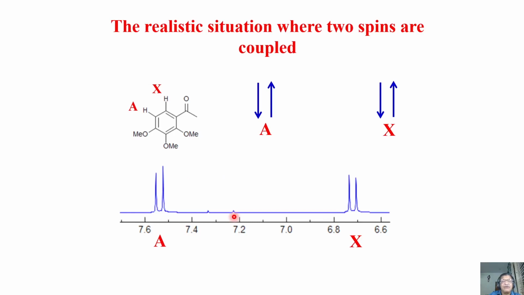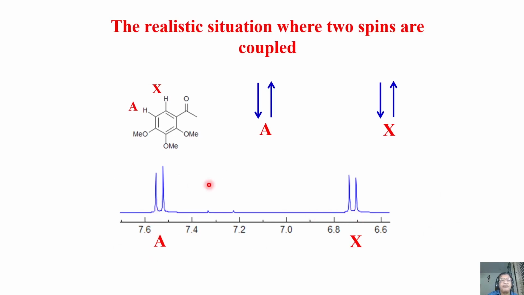And I was telling you about strong and weak coupling. I introduced the terms strong and weak coupling. I said when the chemical shift separation is larger than the coupling constant, then it is weakly coupled. Look at this chemical shift here. It is about 6.7 ppm here, and this is about 7.5 approximately. So 7.5 and 6.7, that is 0.8 ppm.